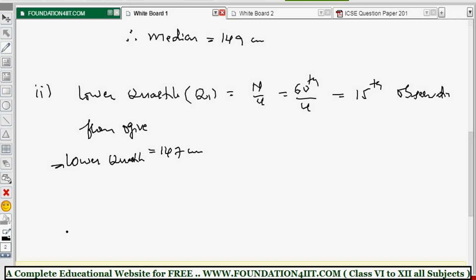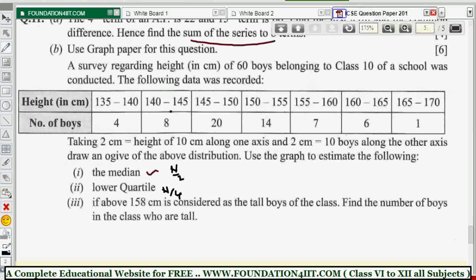Now we will see from the ogive. What is the question here? If above 158 centimeters is considered tall boys of the class, find the number of boys in the class who are tall. That means from the ogive, the height of 50 students is less than 158 centimeters.